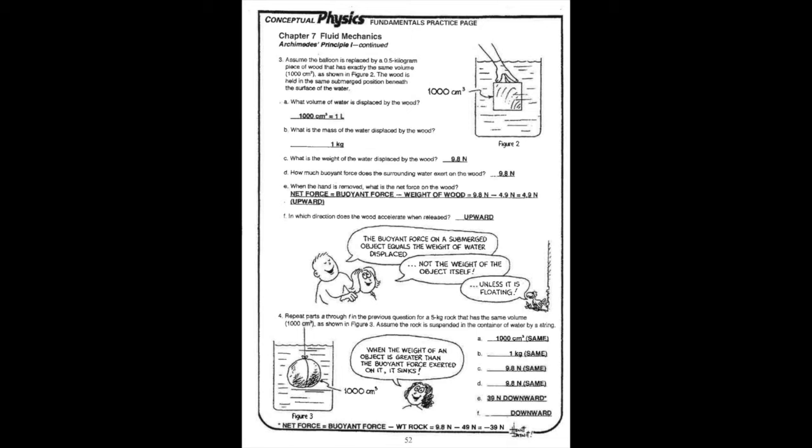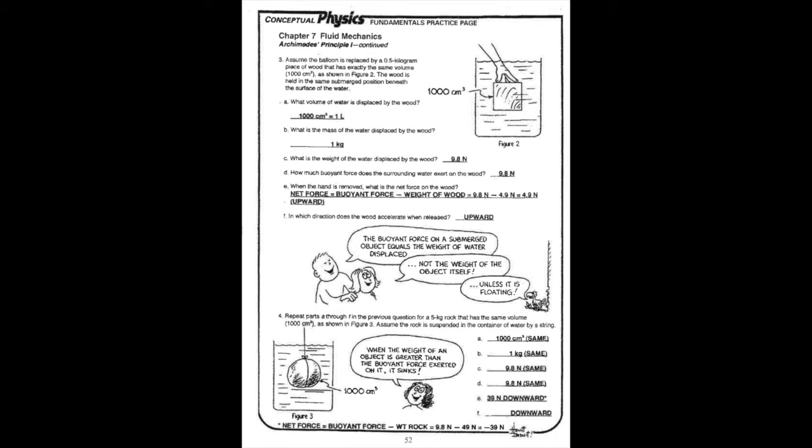So if the hand is removed, what is the net force on the wood? The net force is equal to the buoyant force minus the weight of the wood. In the picture, you can see the buoyant force is 9.8 newtons, or 10 newtons, and you would subtract the weight of the wood.